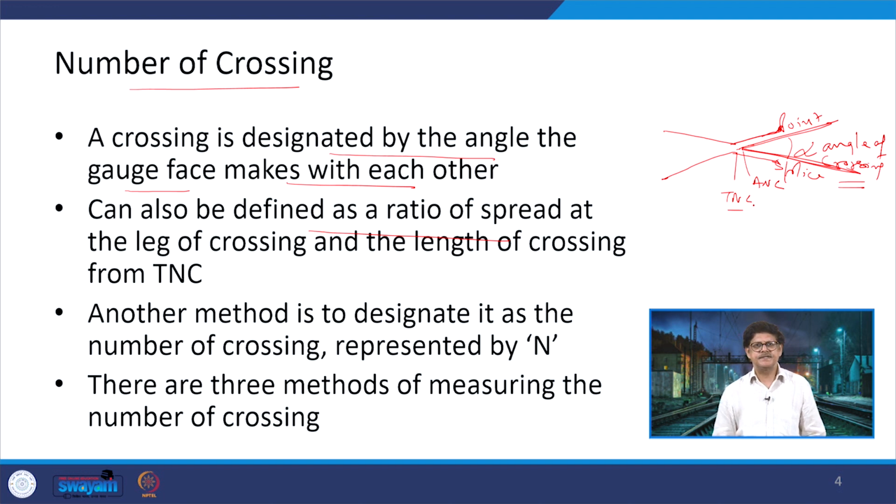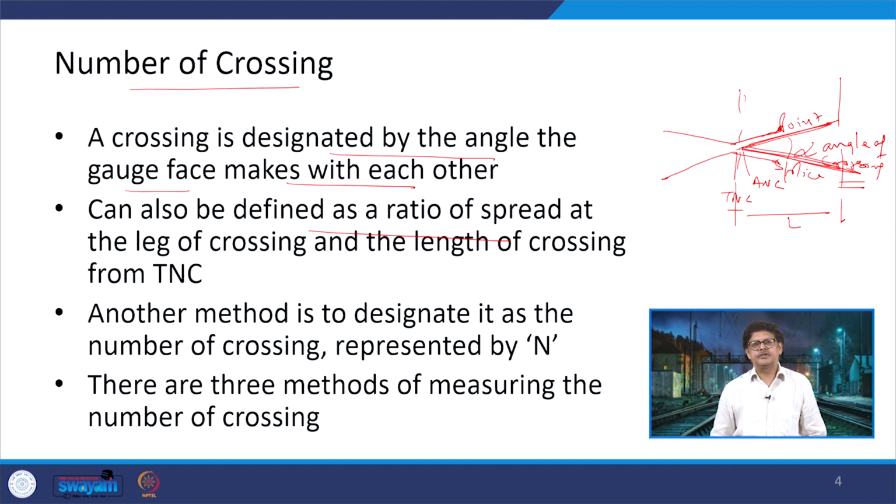So whatever the length of crossing is, with respect to that length we are considering the spread, and obviously this spread will make an angle.